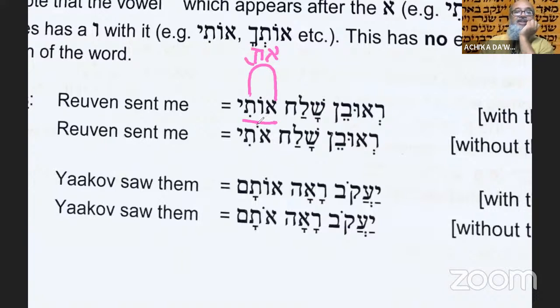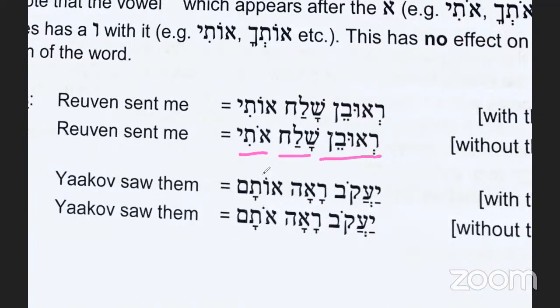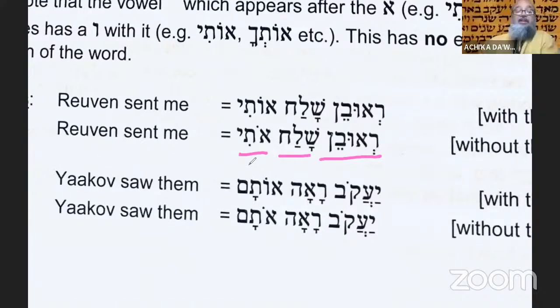Sometimes it'd be on the end, sometimes in the middle, and sometimes it would just be like this. Oti, same thing. They're just writing it out differently. You can see that on the second line. Read the second line again. Reuven shalak oti. So this is exactly the same, even though they're written out differently.